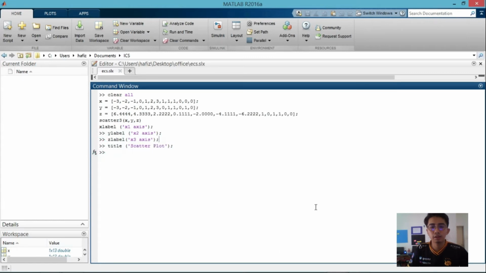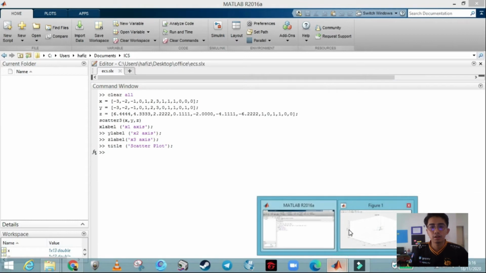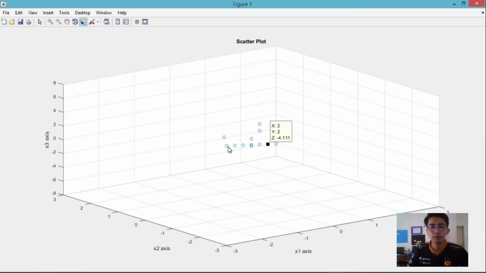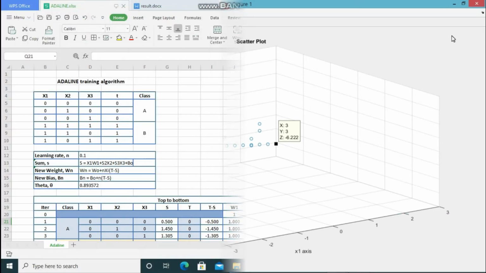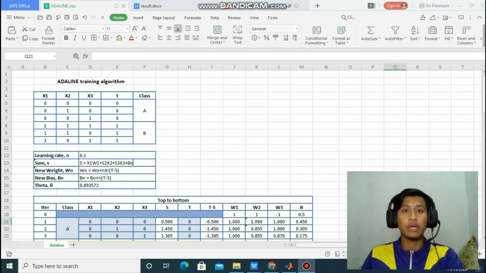So we will get the graph as follows, and we check the values of the graph. The first one is 6.444, second one 4.333, the third one 2.2222, the fourth 0.111, negative 2.0, negative 4.111, and also negative 6.2.